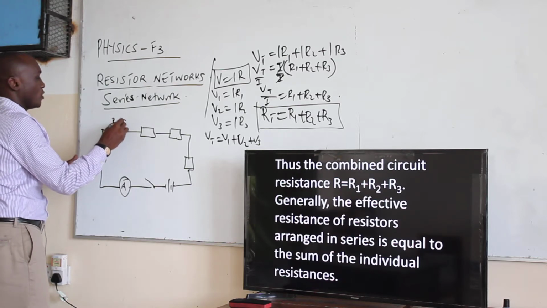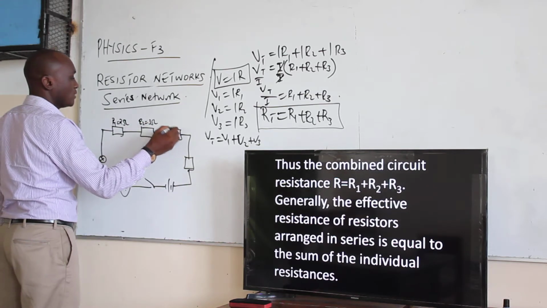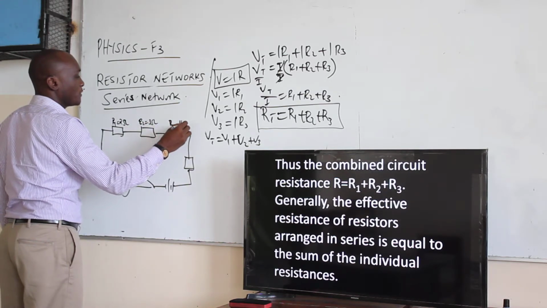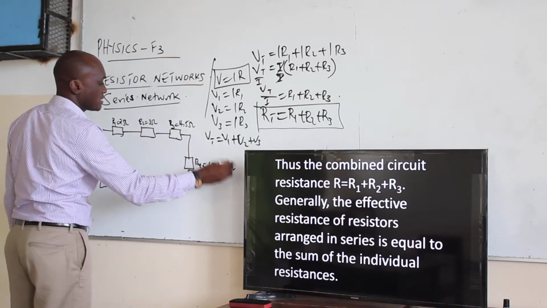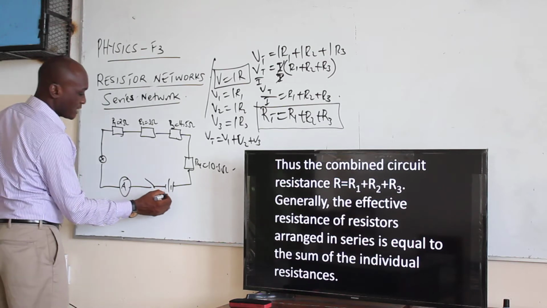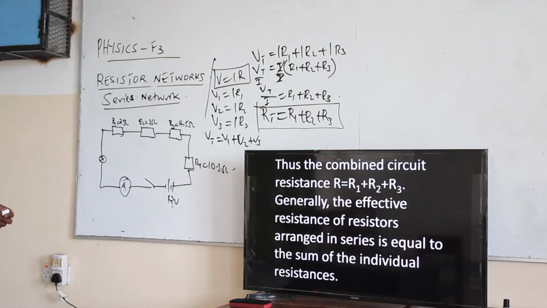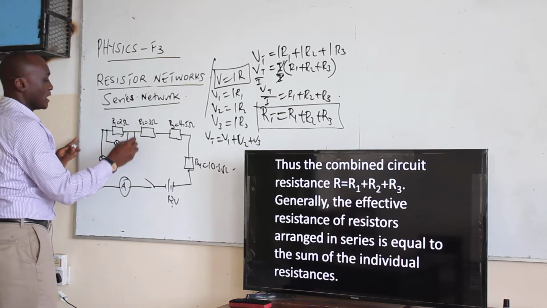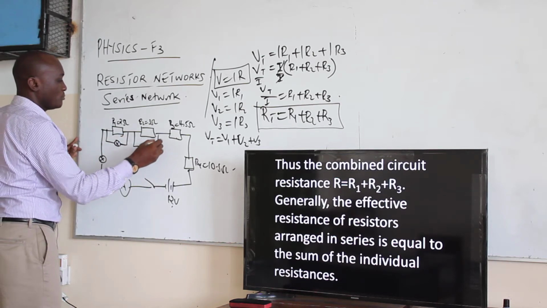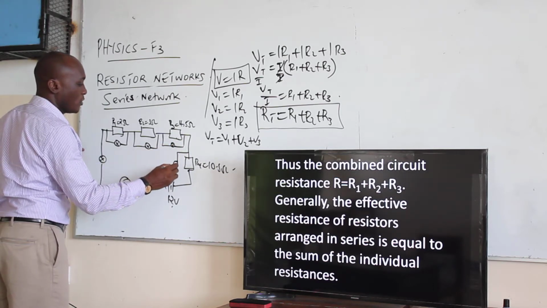R1 is 2 ohms, R2 is 3 ohms, R3 is 4.5 ohms, and R4 is 10.5 ohms. We have been given the total voltage here as 12 V, the voltage across the circuit supply. Then we can have V1, V2, and V4 on the other side. I need to be very careful because this is where the questions come.